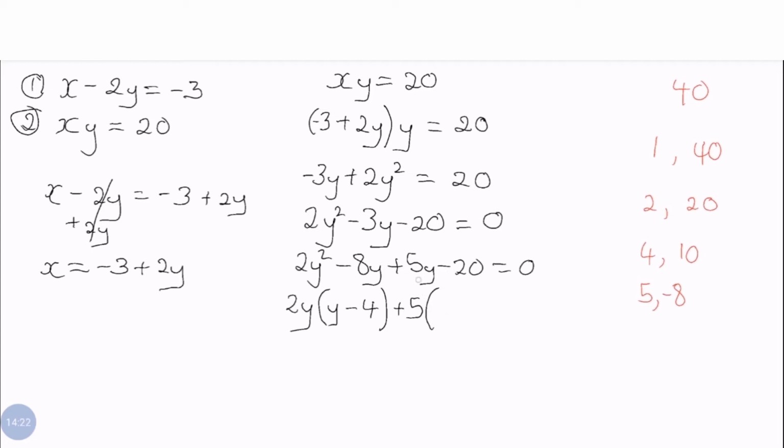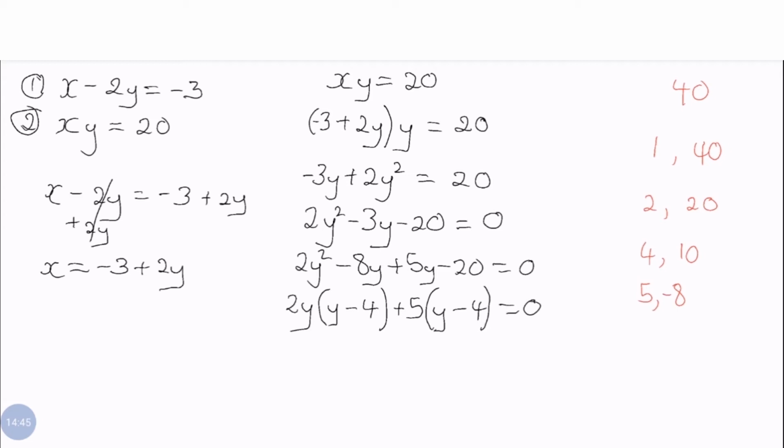In order to get 5y, we have to multiply 5 with a y. And to get minus 20, we have to multiply 5 with a minus 4. So we close our bracket, equal to 0.